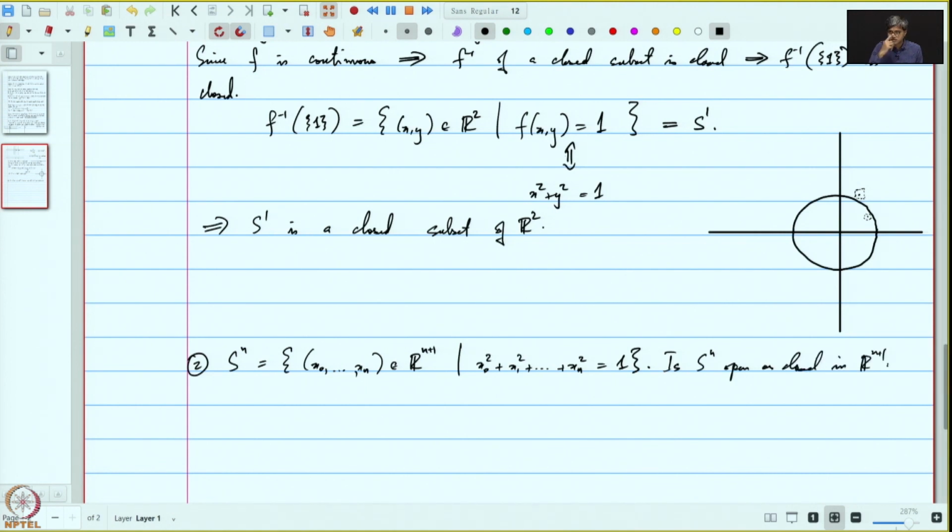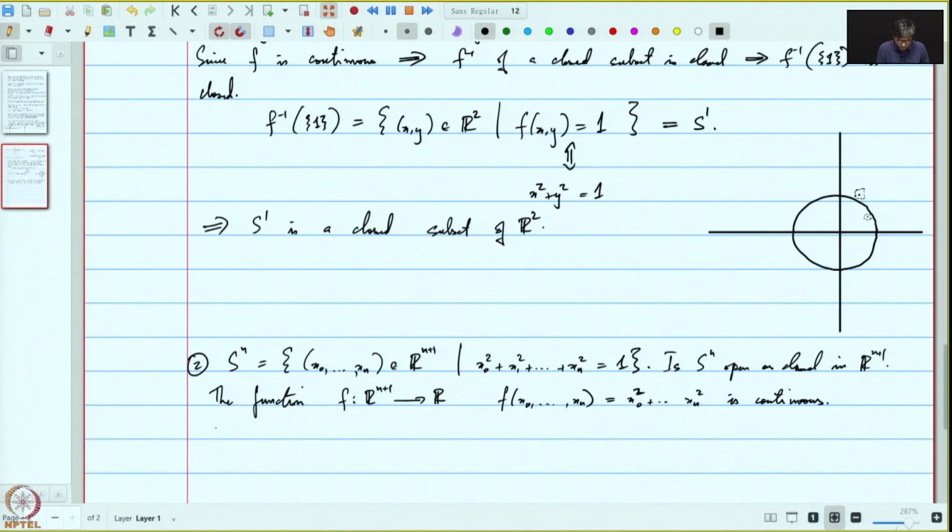And by the same reasoning as above, since the function f from Rn plus 1 to R given by f of x0 up to xn equal to x0 square plus up to xn square is continuous. Once again, because the projections are continuous, and therefore the squares of each of the projections are continuous, and when we add them, that is continuous.